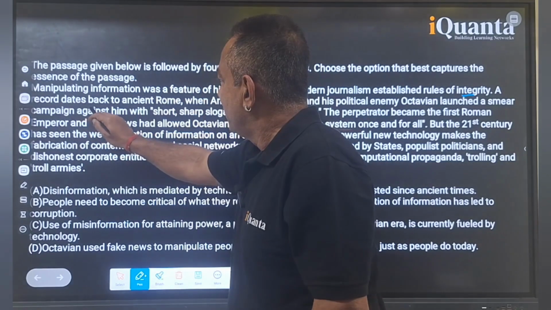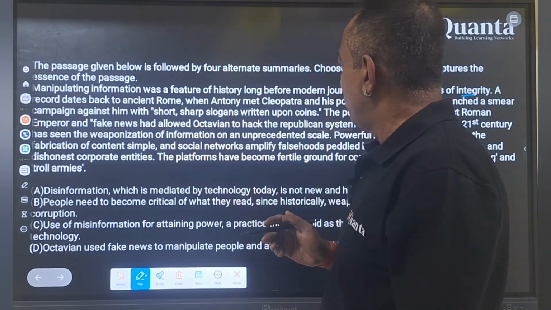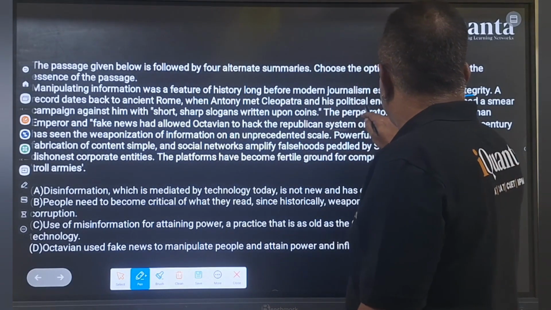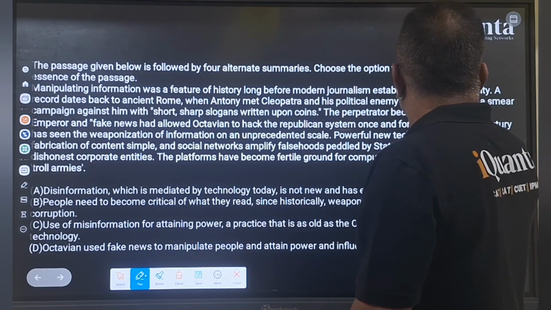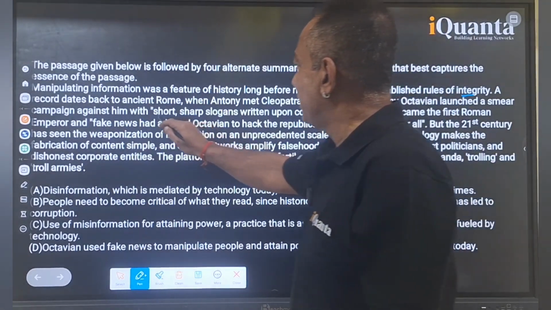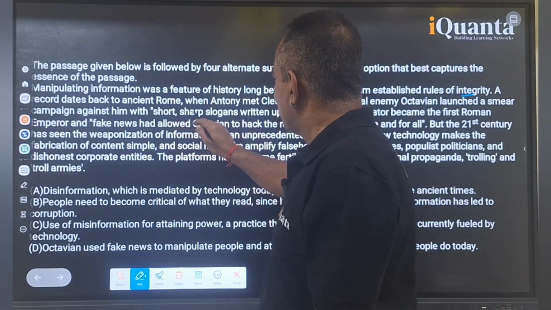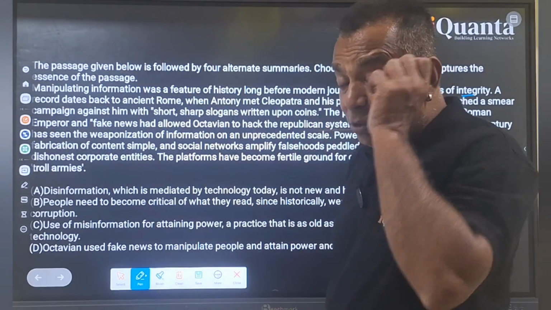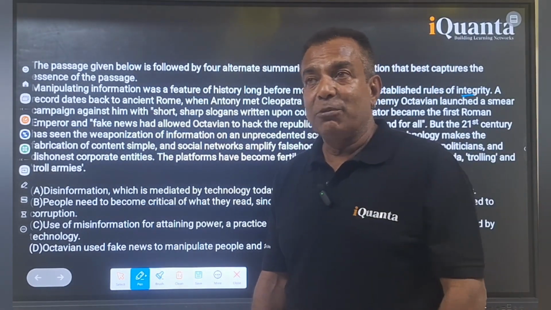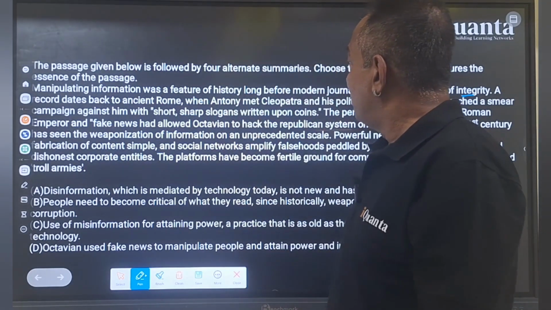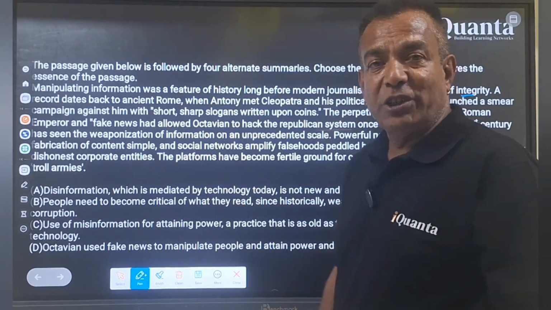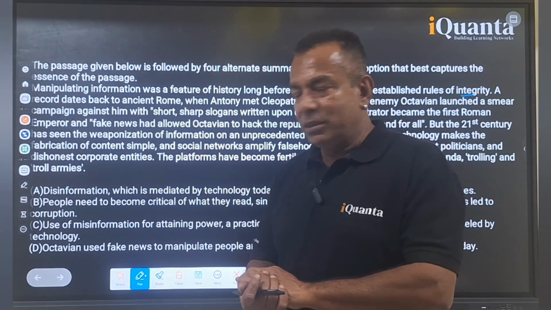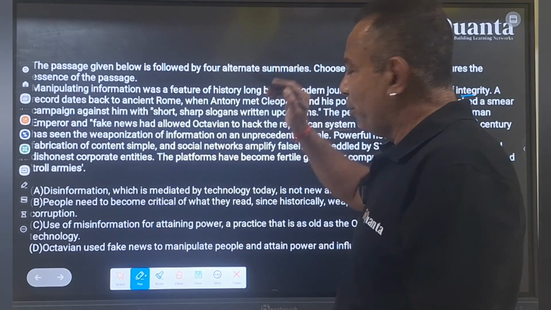A record dates back to ancient Rome when Antony met Cleopatra and his political enemy Octavian launched a smear campaign against him with short, sharp slogans written upon coins. Now, we are talking about history here. We are talking about Mark Antony. He was a general in Rome, Marcus Antonius, and then Cleopatra.